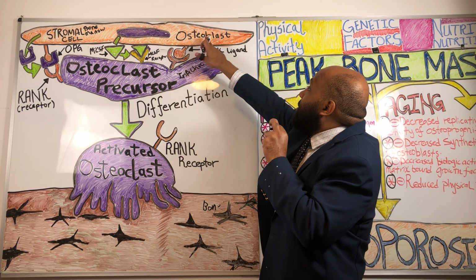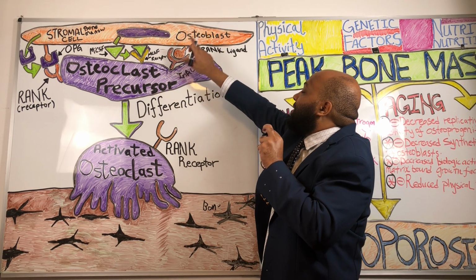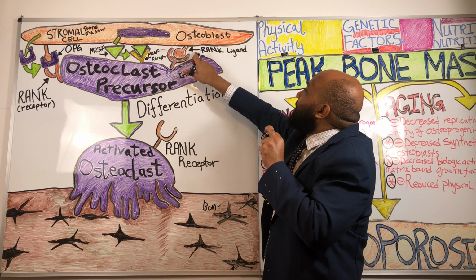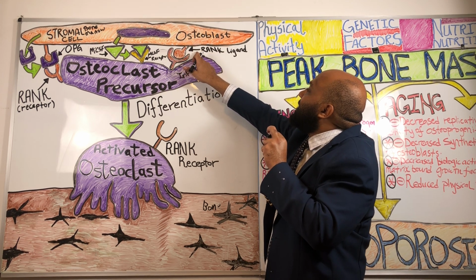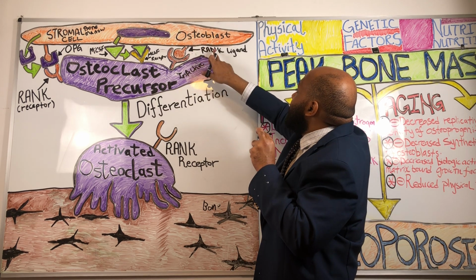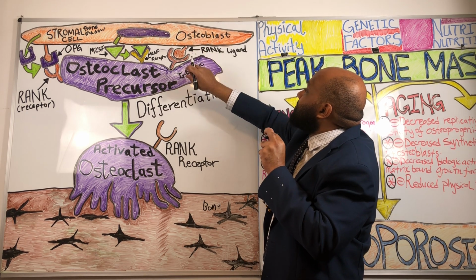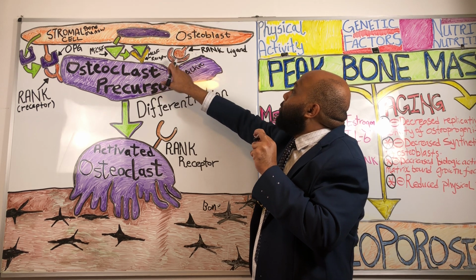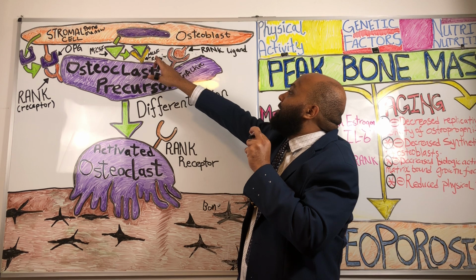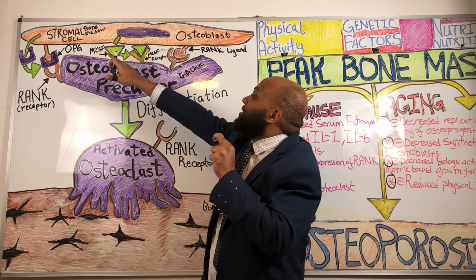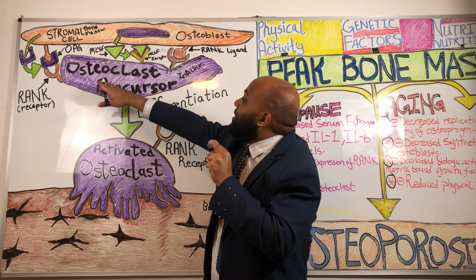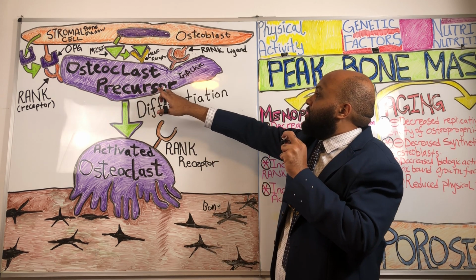The other pathway is the osteoblast pathway, and that happens when the osteoblast secretes a very important signal known as the RANK ligand. The RANK ligand will bind to a receptor on the surface of the osteoclast precursor, the same way the monocyte colony stimulating factor secreted by the stromal cell does.